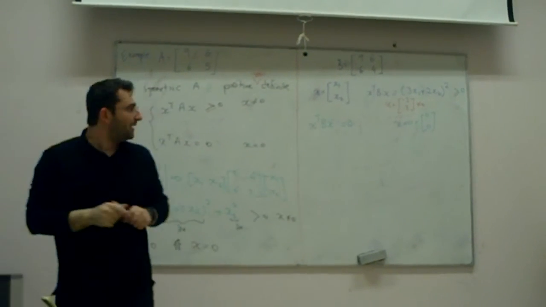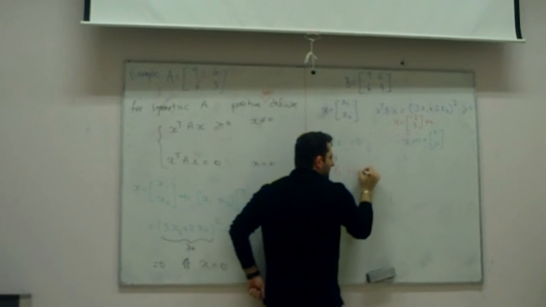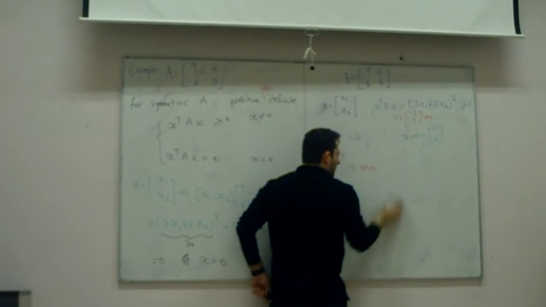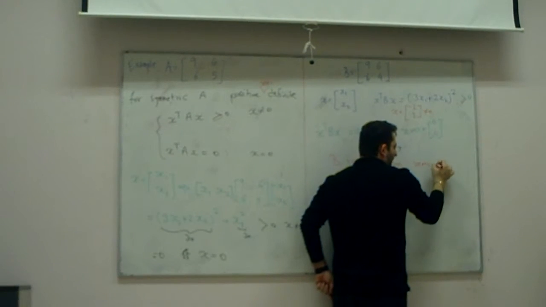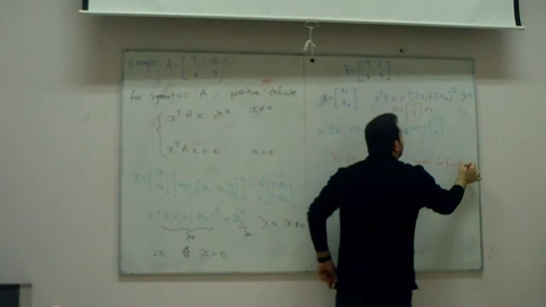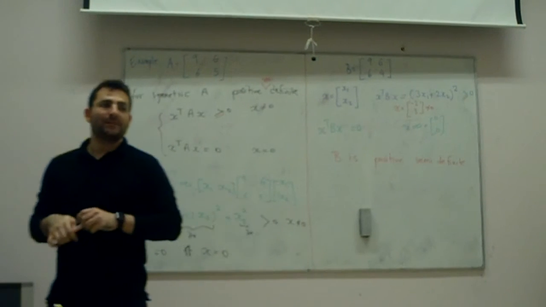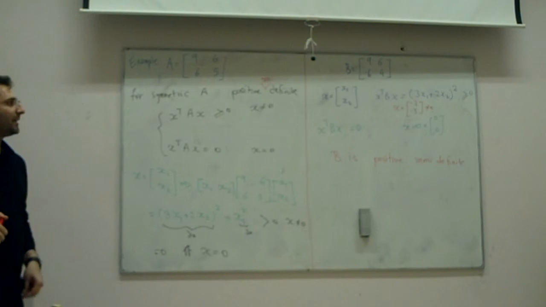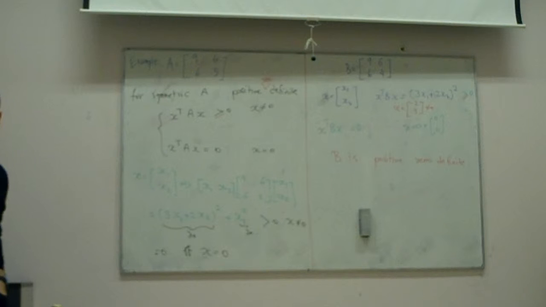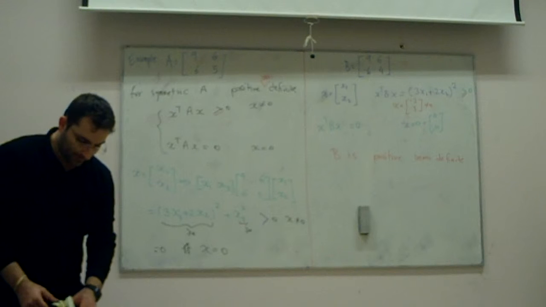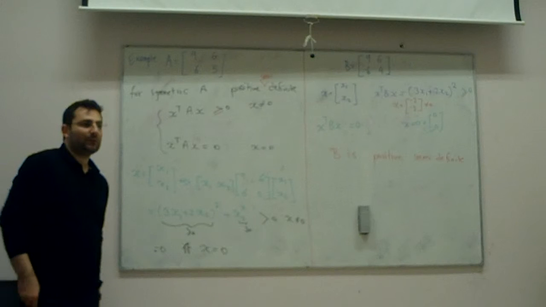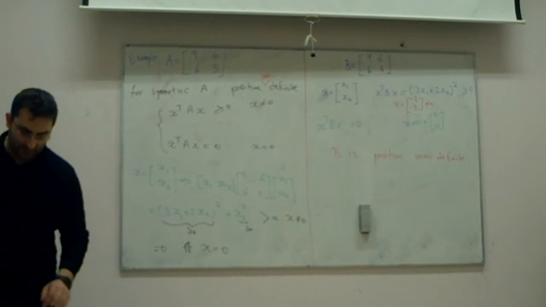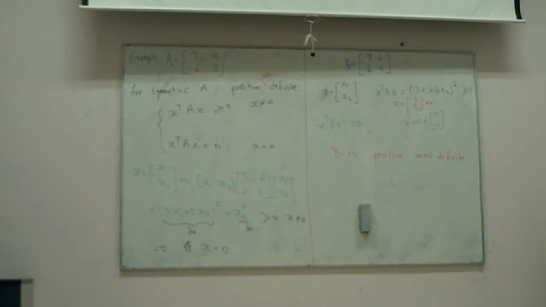So we see that B is positive semi-definite, because we find an x whose result is 0, but x is not 0 itself. If the result would be negative, then it's not positive definite or positive semi-definite at all.